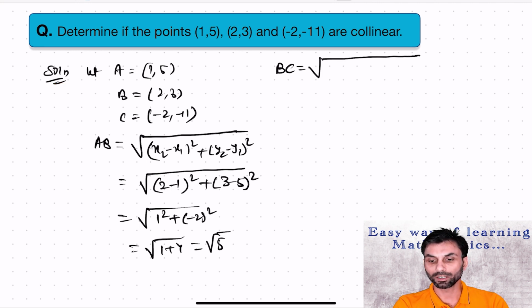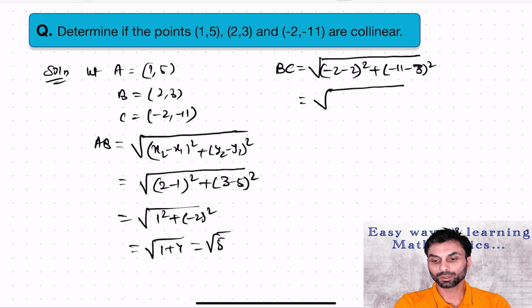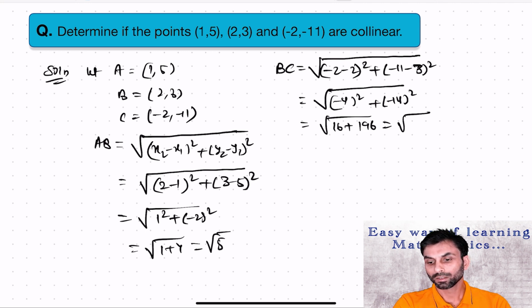Next, the distance between B and C, based on the same distance formula, will be (minus 2 minus 2) whole square plus (minus 11 minus 3) whole square, which equals (minus 4) square plus (minus 14) square, which can be written as 16 plus 196, which is 212. Next we have AC.